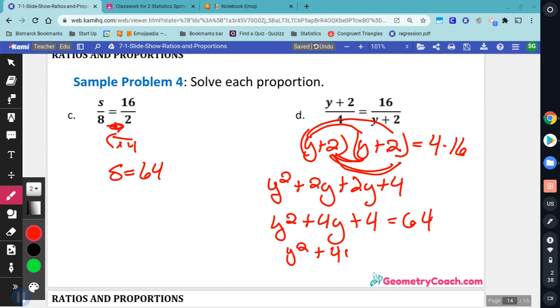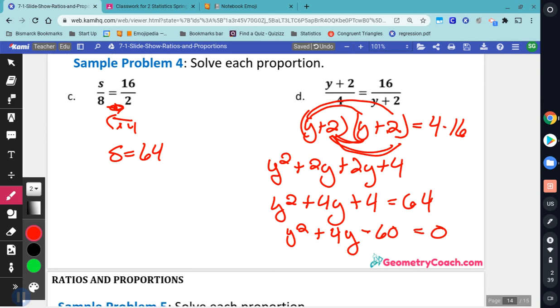Y squared plus 4y. Now, it's been a while since you've done this in algebra. We don't want 60 on the left, we want 0. Sorry, on the right. So I'm actually going to do 4 minus 64. So that expression, y squared plus 4y minus 60, we need to, what is that called? Factor. We need to factor that to fit.